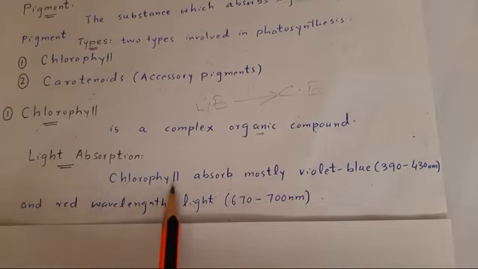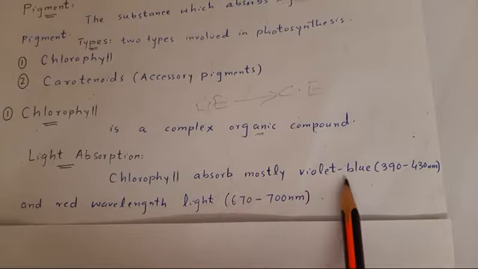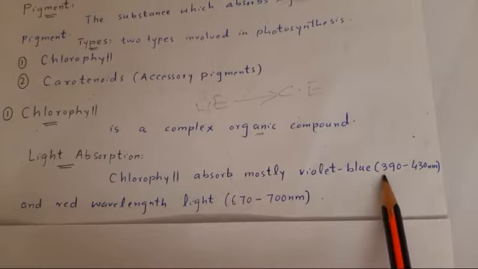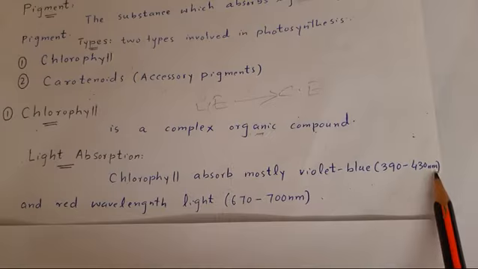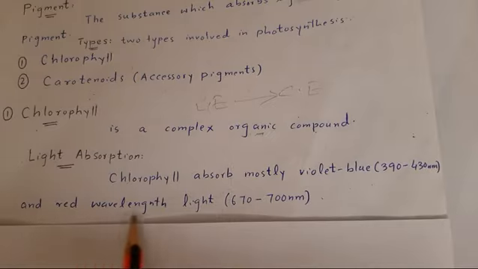Chlorophyll absorbs mostly violet-blue, which ranges from 390 to 430 nanometers in wavelength, and red wavelengths of light, which range from 670 to 700 nanometers.